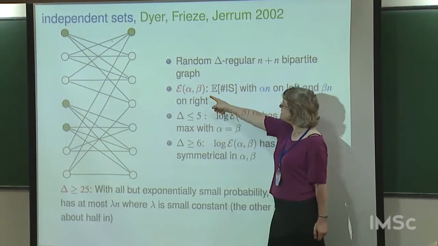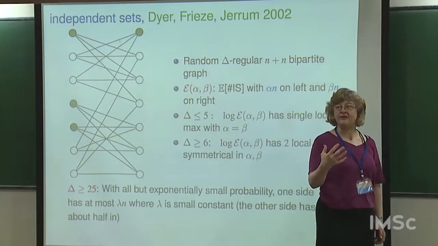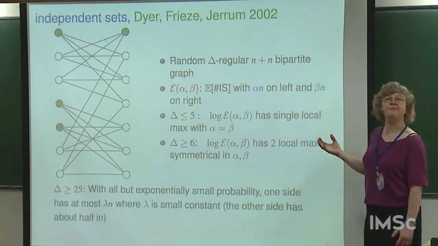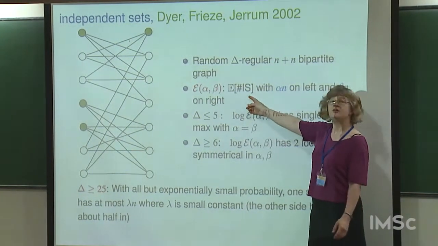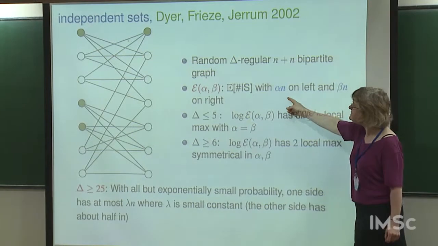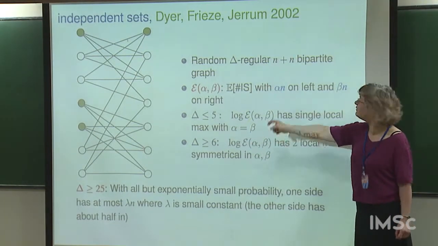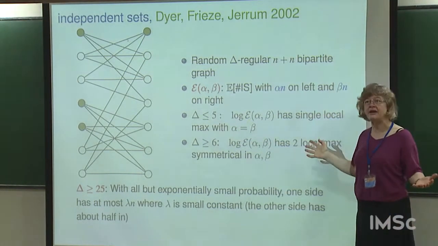They studied this quantity E of alpha beta, and basically this is going to be the expected number, because it's a random graph, of independent sets that have alpha n on the left and beta n on the right.